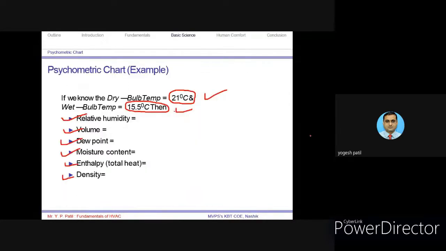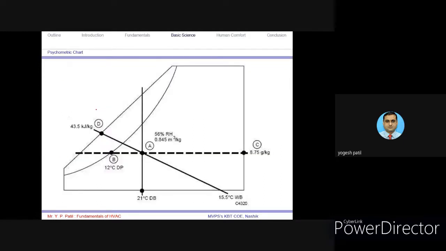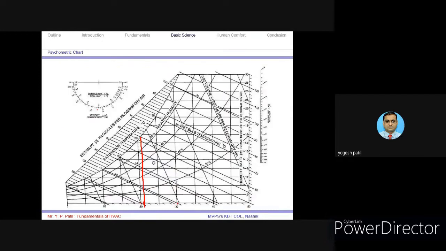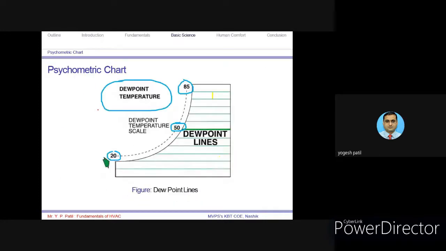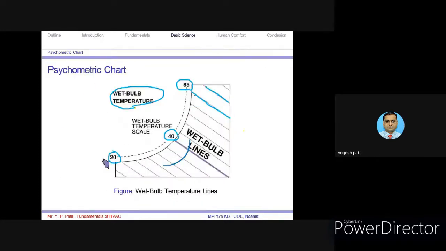Based on that, what is the second thing given? The wet bulb temperature, 15.5 degrees Celsius. For wet bulb temperature, you know these particular lines are at an angle, and at their top we can mark their values.